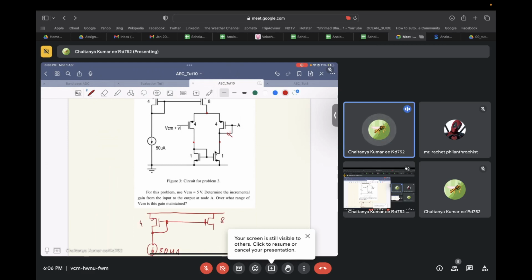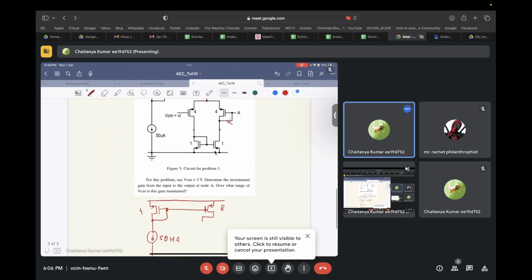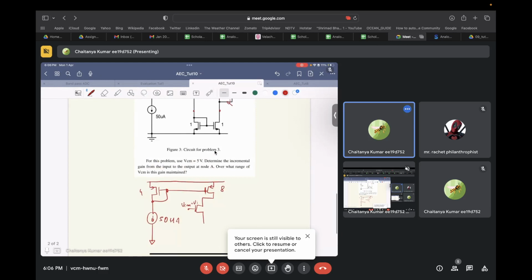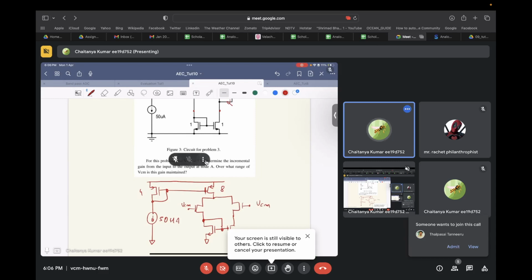So this is 4, this is 8. Here, let's say some VCM plus Vi is put. Let's say this Vi is not here, and we have put VCM on both sides of the transistor.